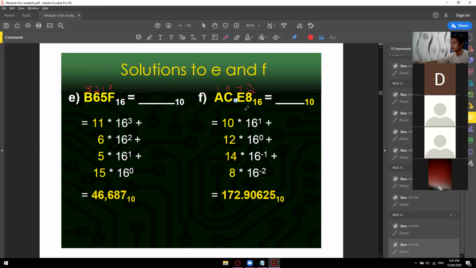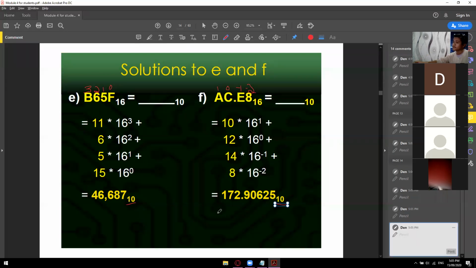Okay, just add everything, and then you will get this one, 172.90625 base 10. So, wag na wag niyong kakalimutan yung base natin. Okay? Those units or those base are very important. That's an indicator that you have already converted this hexadecimal into decimal.